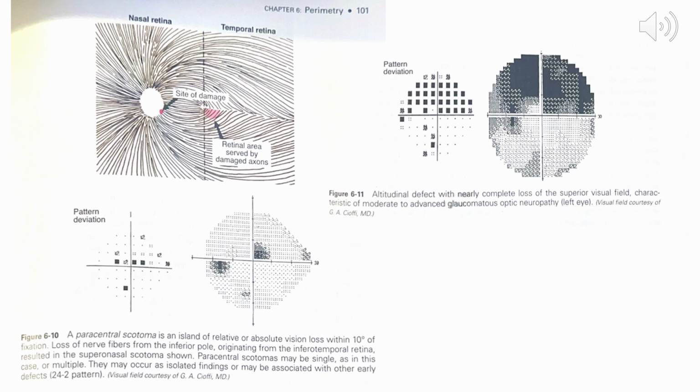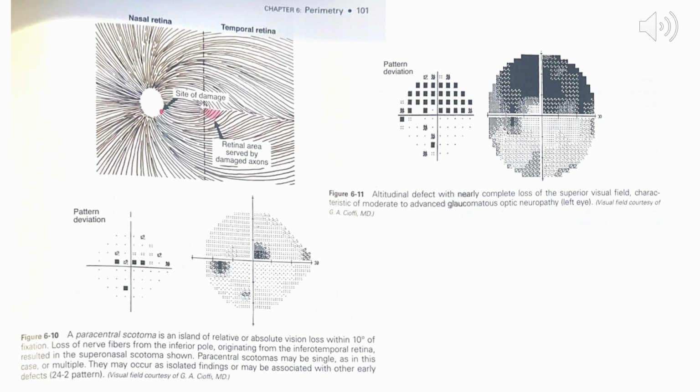Now let's look at two additional patterns of field loss that often reflect early and advanced stages of disease respectively, the paracentral scotoma and the altitudinal defect. Let's begin with the paracentral scotoma, shown in Figure 6-10. This type of field defect represents an island of vision loss within 10 degrees of fixation, typically in the superonasal field.